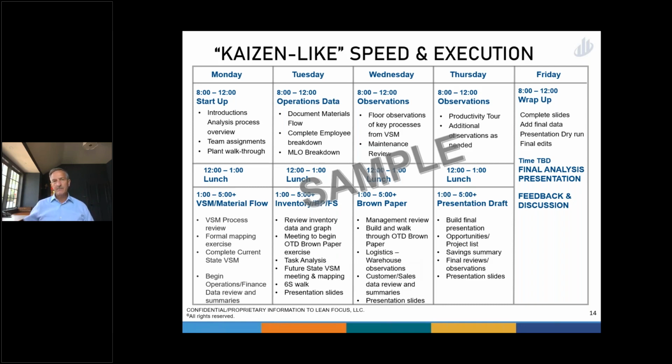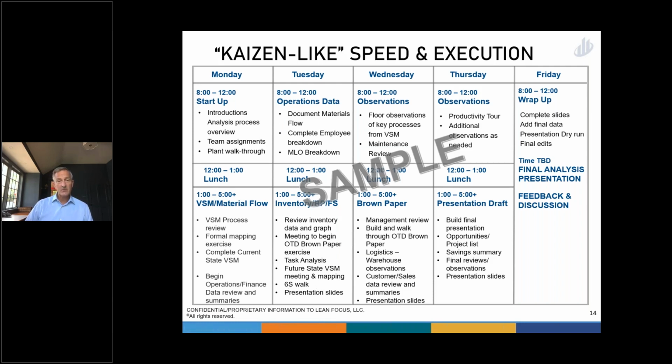Thursday we start to wrap up and do some additional analyses based on the areas that we've seen, building a final presentation and working with the team on Thursday afternoon and Friday morning to prioritize all these observations and analyses that we have made. How do we rack and stack those so that we pick the smallest number of actions over the next year that are going to get us the biggest impact on the metrics that are important to you as a client?